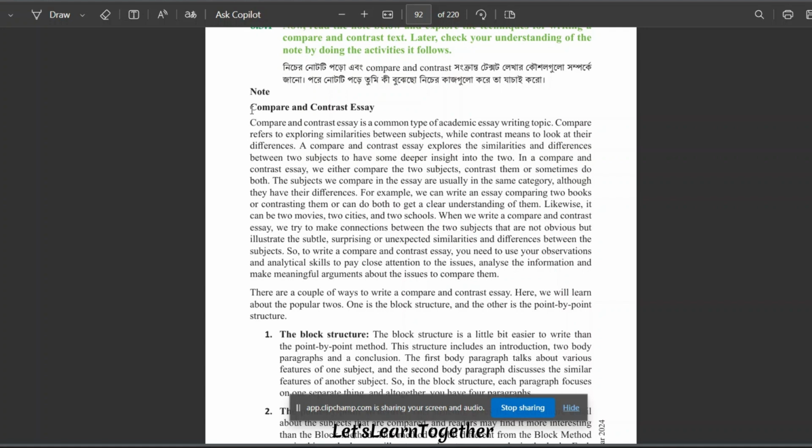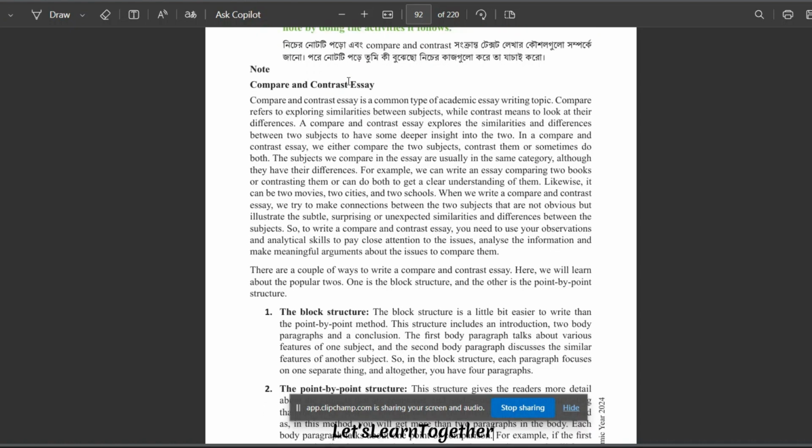Now, compare and contrast essay itself means exploring the similarities and dissimilarities, because compare means to explore the similarities and contrast means to determine the differences between different topics, right? So in a compare and contrast essay, that's what we are going to do.